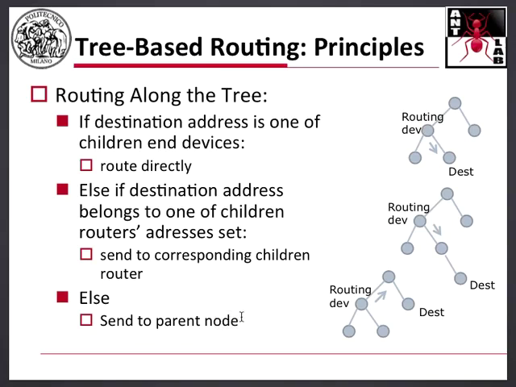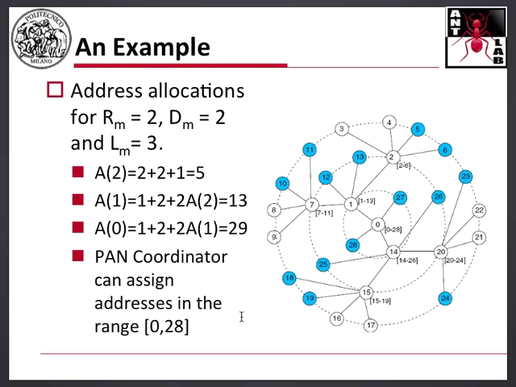Okay, so fine. We know how the tree is built up. Let's see how routing happens. One thing it's worth mentioning with more strength is the following. This way of giving out addresses, this way of addressing nodes, can actually be used also for routing.